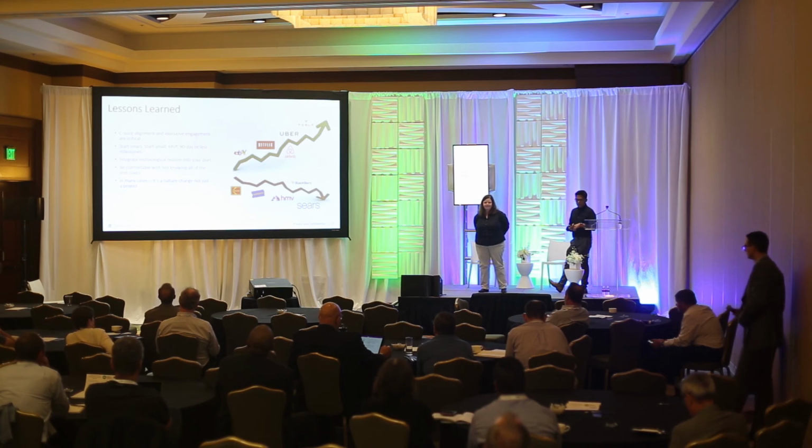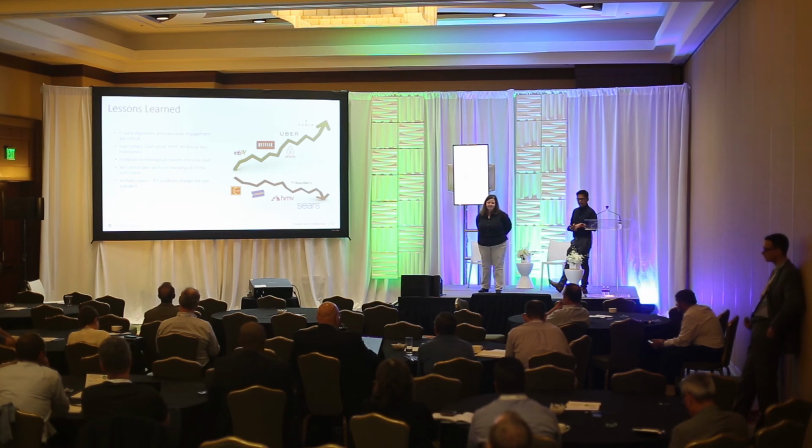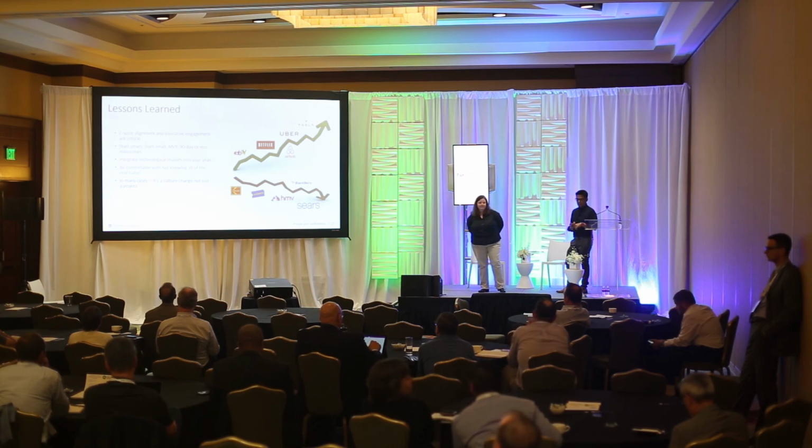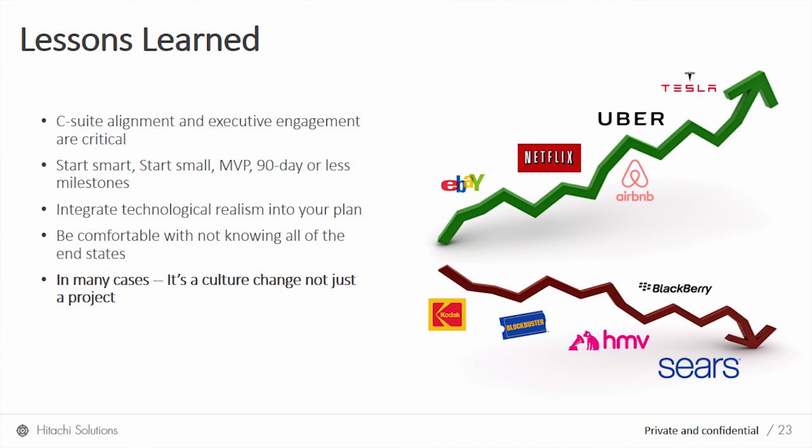And so these are some lessons learned that we feel have proven to be consistently helpful for a lot of the initiatives that our customers go through when they think about moving to a more prescriptive and predictive space. The alignment, C-suite, obviously, that's vital. Starting small, start smart, right?